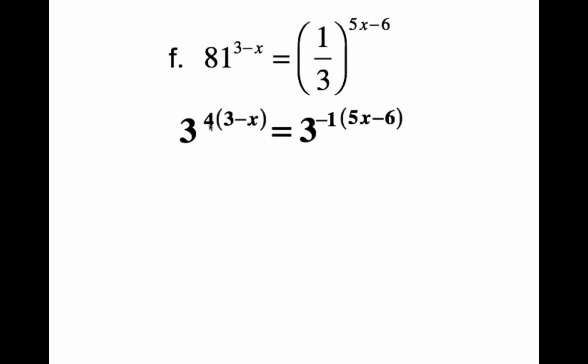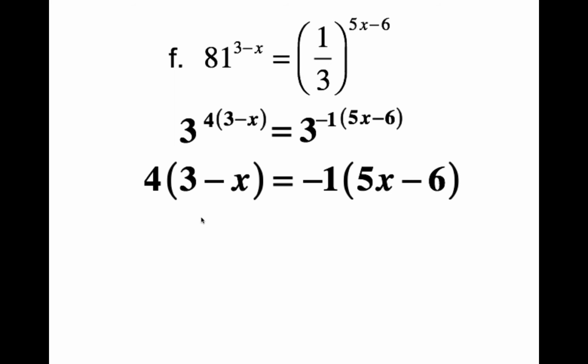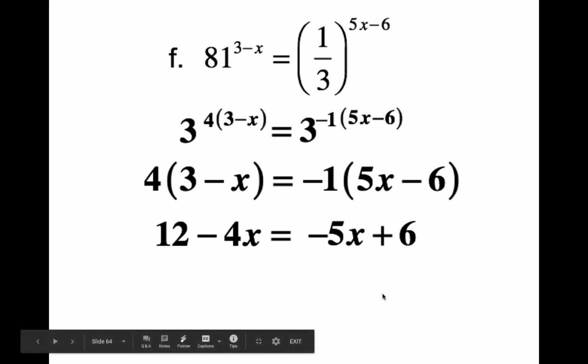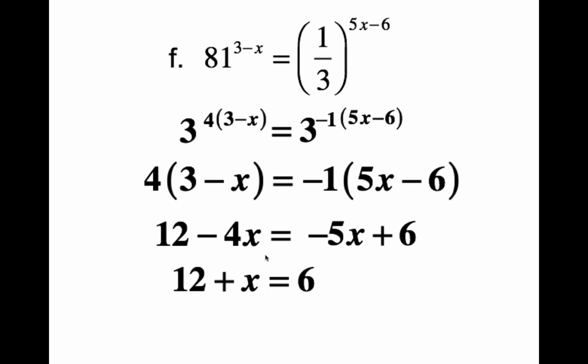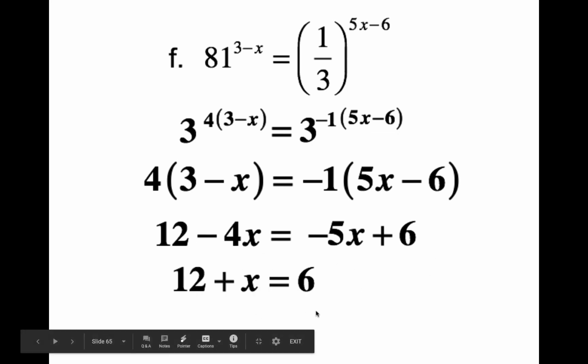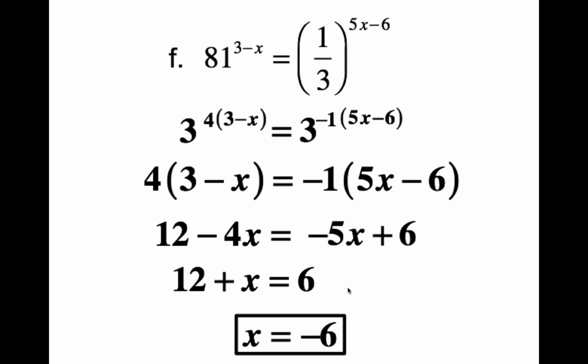The bases are equal, so we can set the exponents equal to each other. We distribute, 4 times 3 is 12, 4 times negative x is negative 4x, equals negative 5x plus 6. I can add the 5x over and then subtract the 12 over, so x equals negative 6.